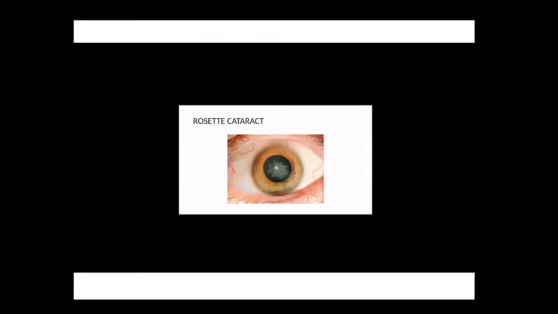So coming to the metabolic and other types. Rosette cataract mainly happens due to blunt trauma. We can see the shape of a petal of a flower, rosette cataract. This is snowflake cataract, overnight cataract seen in diabetes mellitus.